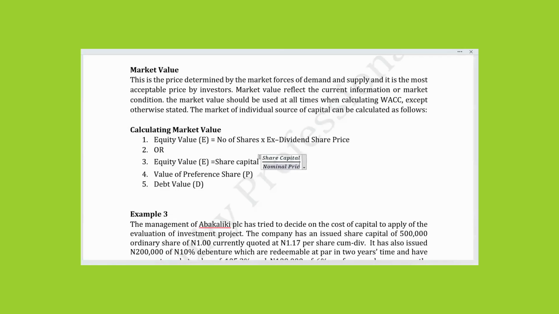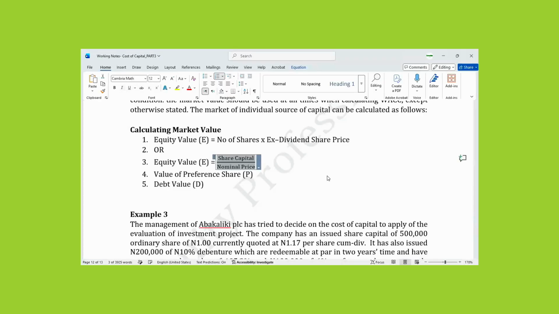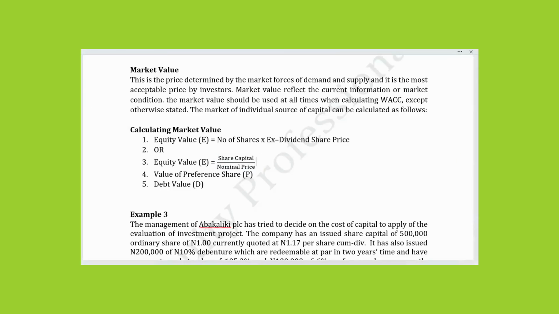So when you divide share capital by the nominal price, it will give you the number of shares in the company. Then you multiply with the X dividend share price. That's all you need to do.